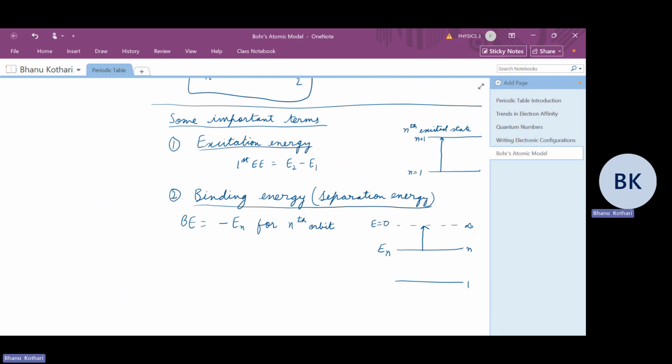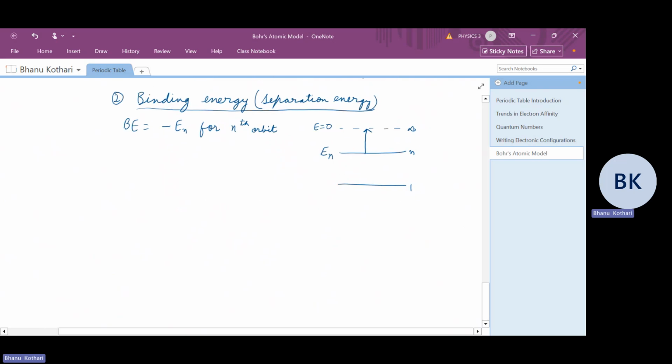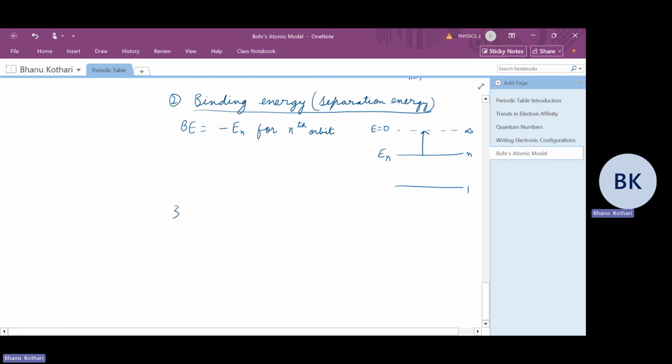So the nth separation energy will be the energy required to remove the electron from the nth excited state. All right. The third term will be the ionization energy.